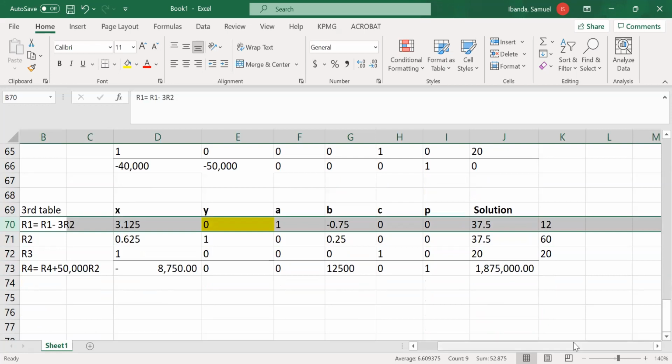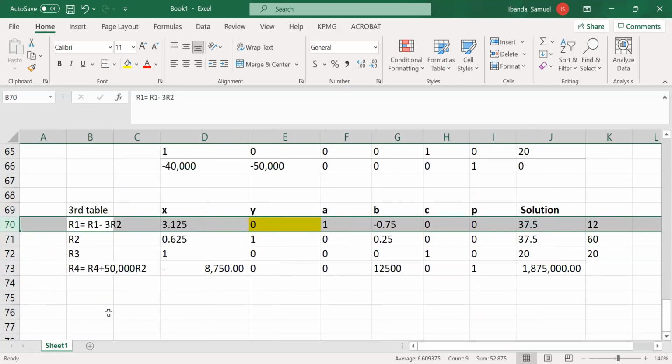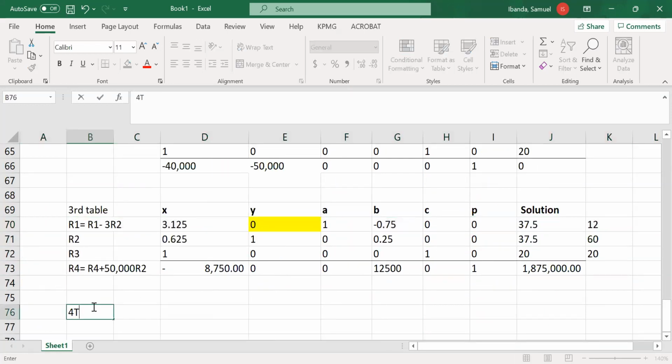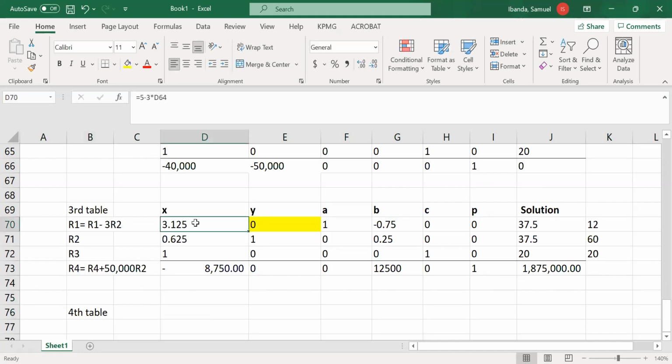So what that means is that my fourth table, remember, if we are selecting this as our pivot point, we have to make that one 1. Okay, that one has to be 1.